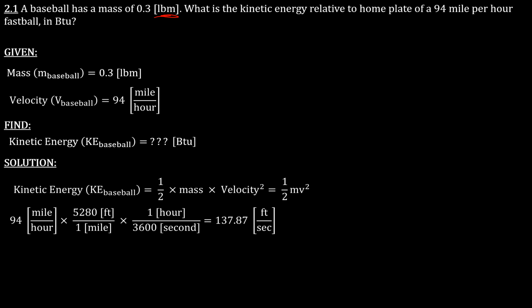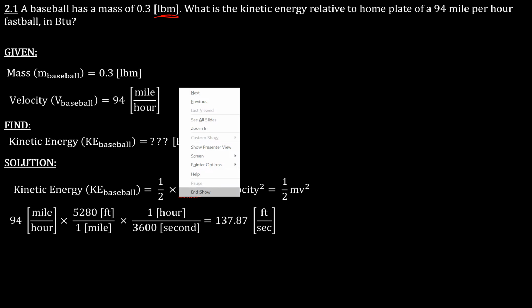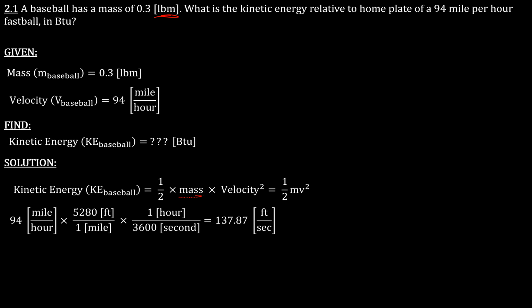So before we start, we need to make sure that our units are consistent. The mass is given. The velocity is given, but the units are not consistent. The unit of velocity is mile per hour. So in this case, we need to use conversion factors.